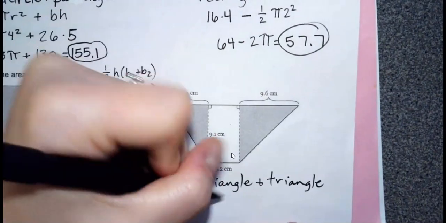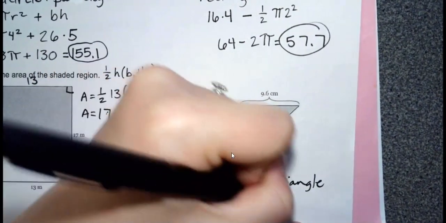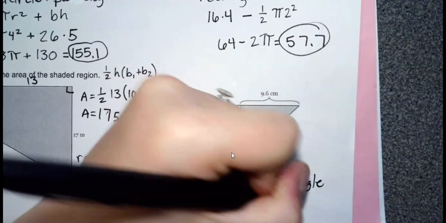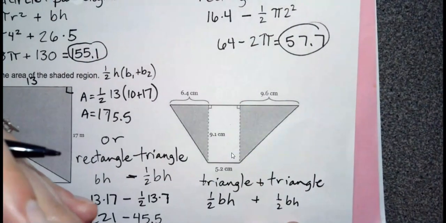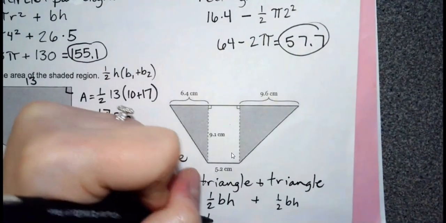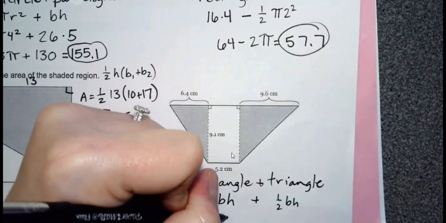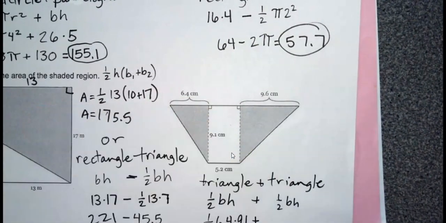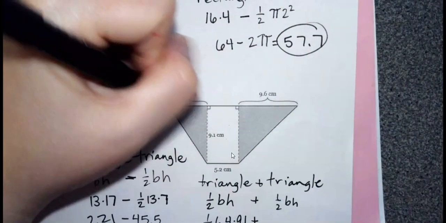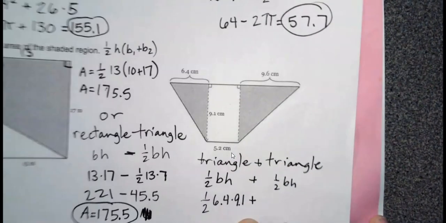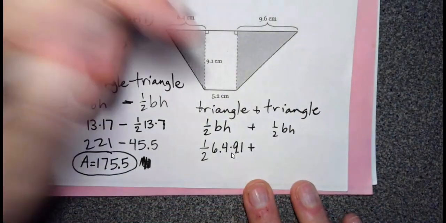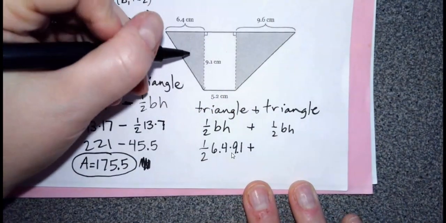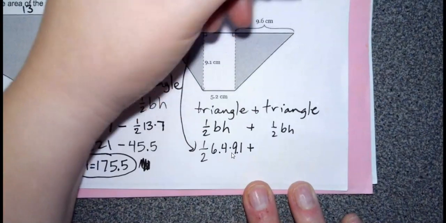So we're going to do 1/2 base times height, 1/2 base times height, and you're basically doing two triangles and adding them together. But this one over here is 6.4 times 9.1. Because this is the base, this is the height. There's no like subtracting or anything crazy in this one, which is nice. This triangle over here, so this is this triangle.